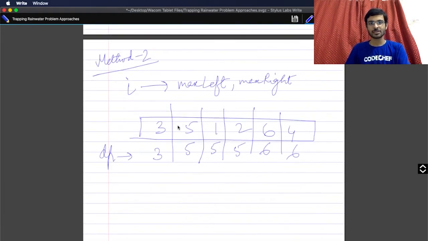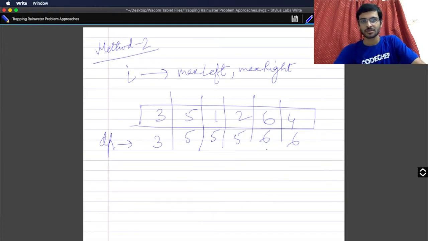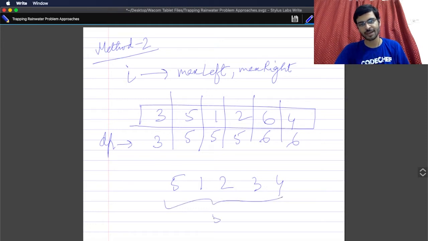Let us think of something like this: 5, 1, 2, 3, 4. I tell you that the maximum of these items is 5. Now I ask you, what is the maximum of the remaining items?